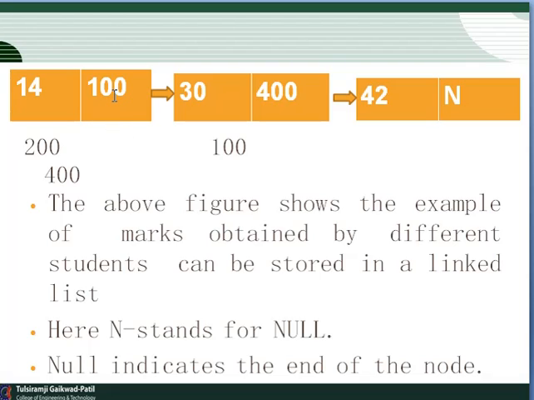Ultimately it points to that node at 100, which has the value 30 and which again carries the address location of the next node, that is 400.